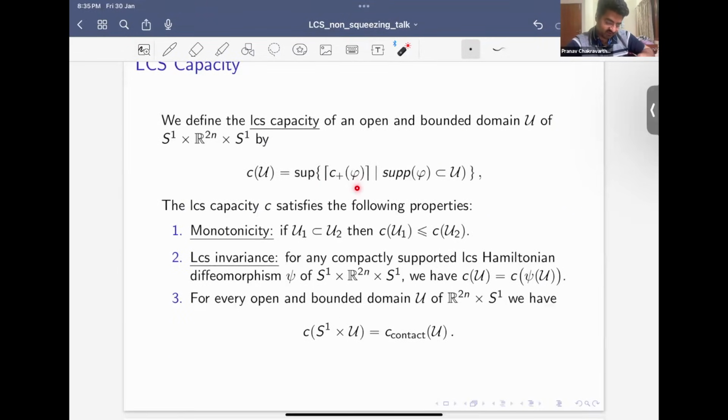And that's also why we need to take the integer part, because the thing that's preserved under conjugation is just the integer parts.